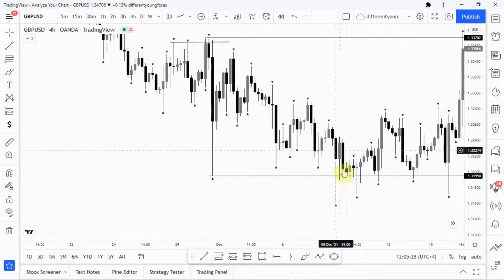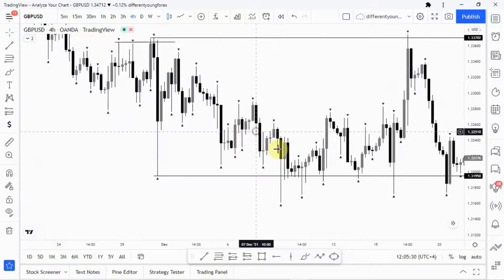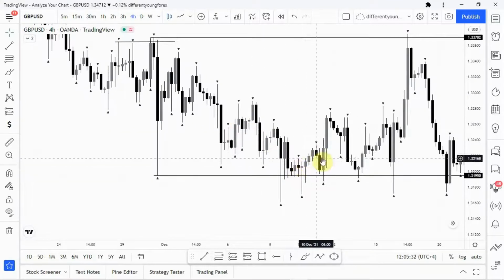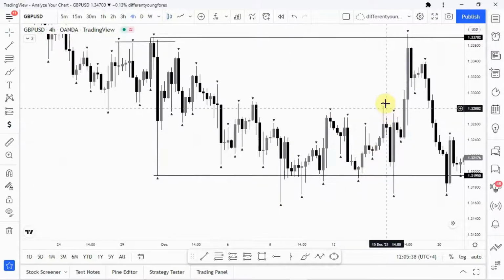So what happened here, as you can see, price just continued pushing up, maintaining the higher lows, and finally it reaches this level, which means that it has taken liquidity again at the top side.